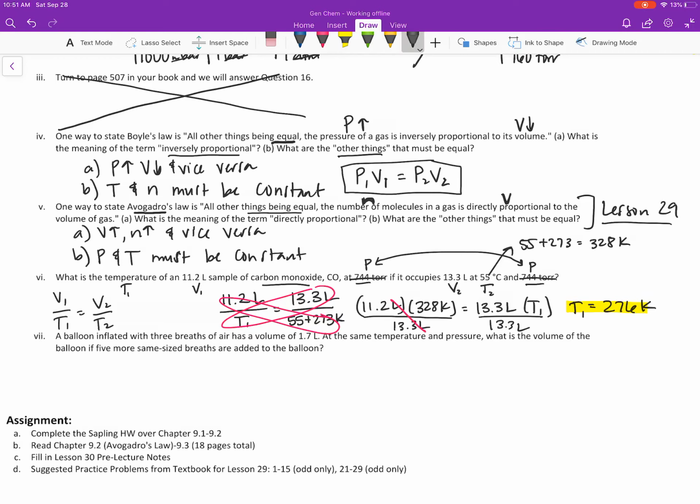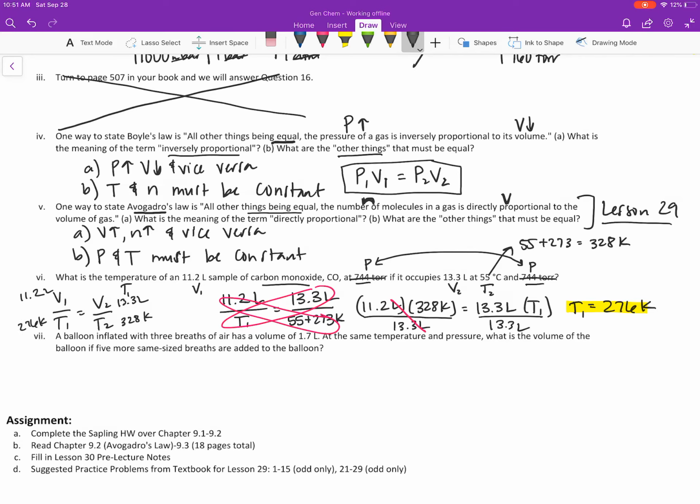So let's walk through it, make sure it makes sense. The volume from left to right is increasing. So we would expect that the temperature from left to right should, I hope I can hear y'all saying it, increase as well.